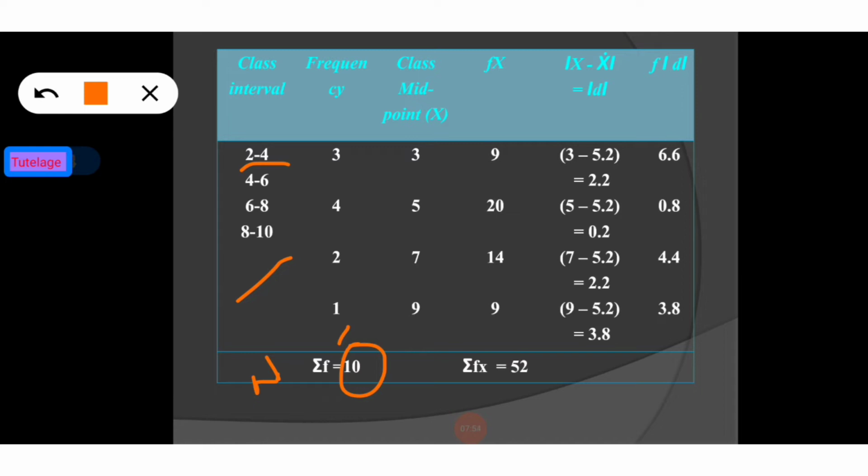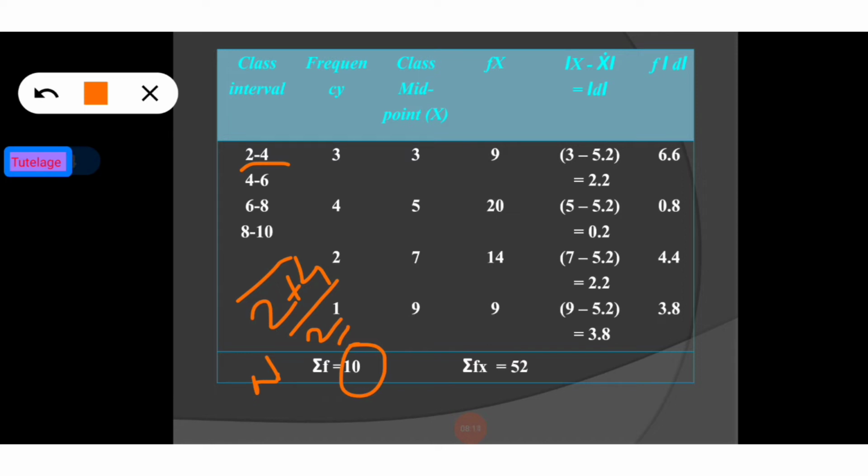For the first class interval, 2 is the lower class and 4 is the upper class. So 2 plus 4 is 6, and 6 by 2 is equal to 3.